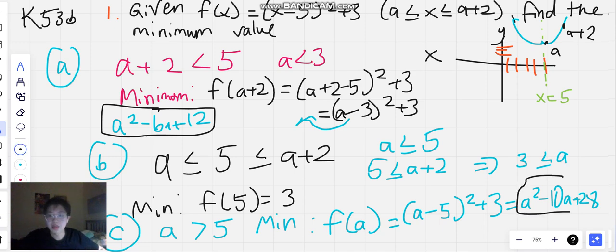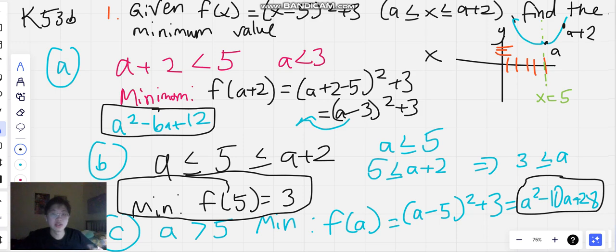So yeah, that's the answer. So there, you could think about it as 3 different answers, but you must address at what values of a we can generalize each minimum.